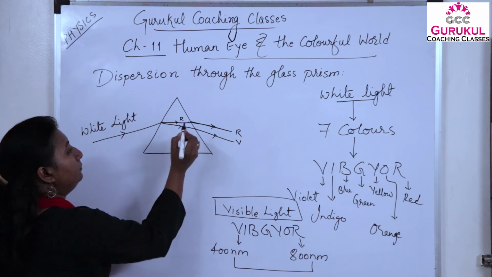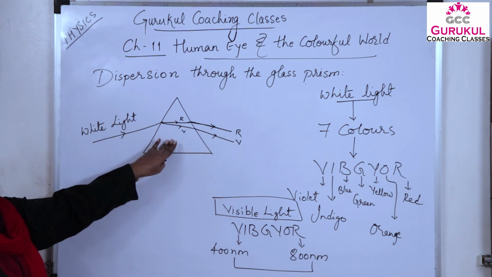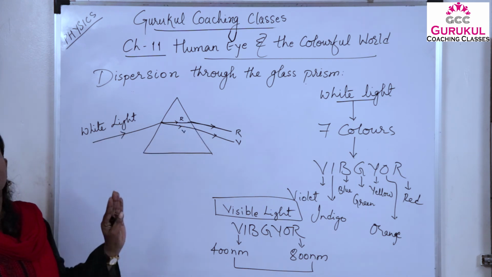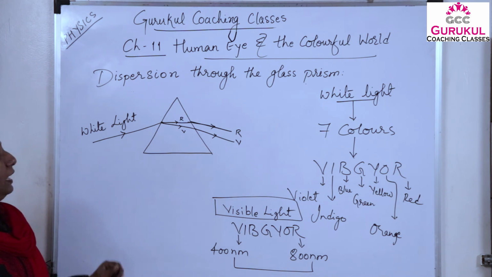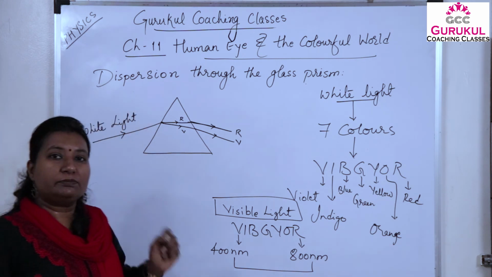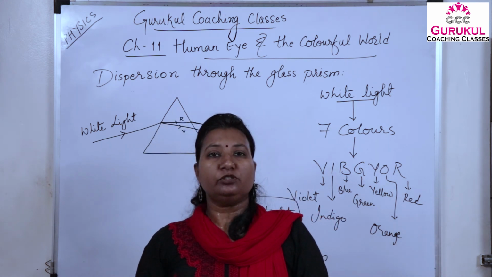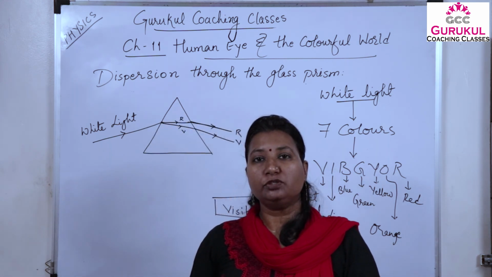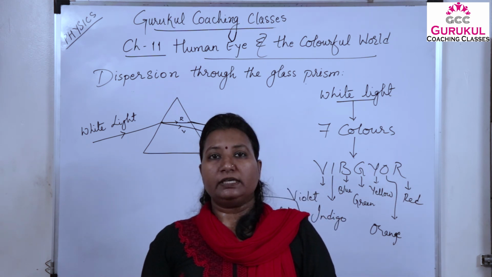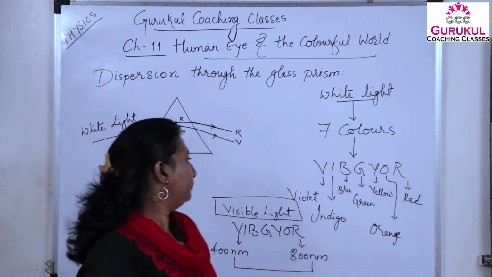Whenever the white light enters into the glass prism, it will split into its 7 constituent colors, and that phenomenon is known as dispersion of light. So what is dispersion of light? Dispersion of light is the phenomenon in which white light splits into its 7 constituent colors, right?